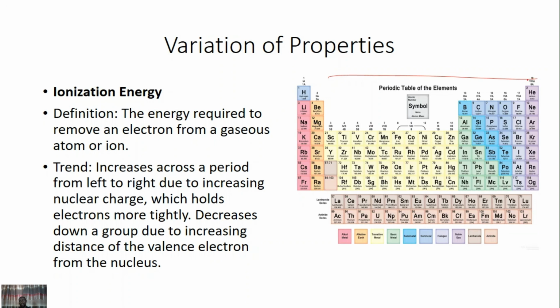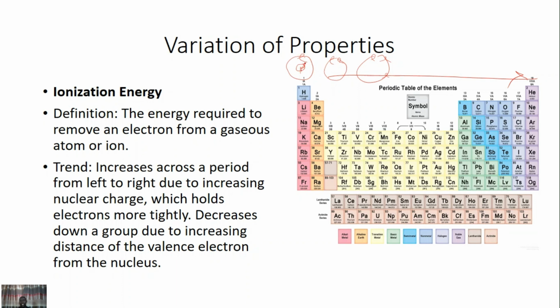The reason is simple. Those in group 1 have one electron in their outermost shell. Those in group 2 have two electrons. Those in group 3 have three electrons. You can see that the energy that you need to remove one electron will likely be lower than what you need to remove two electrons. And the reason is simple. As the electrons increase, the protons also increase in the nucleus.